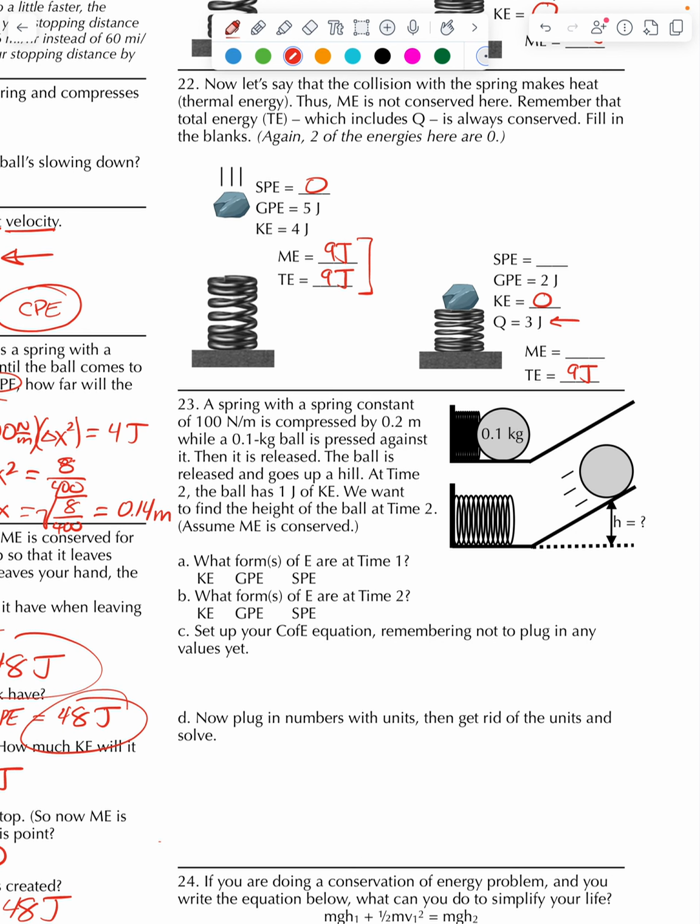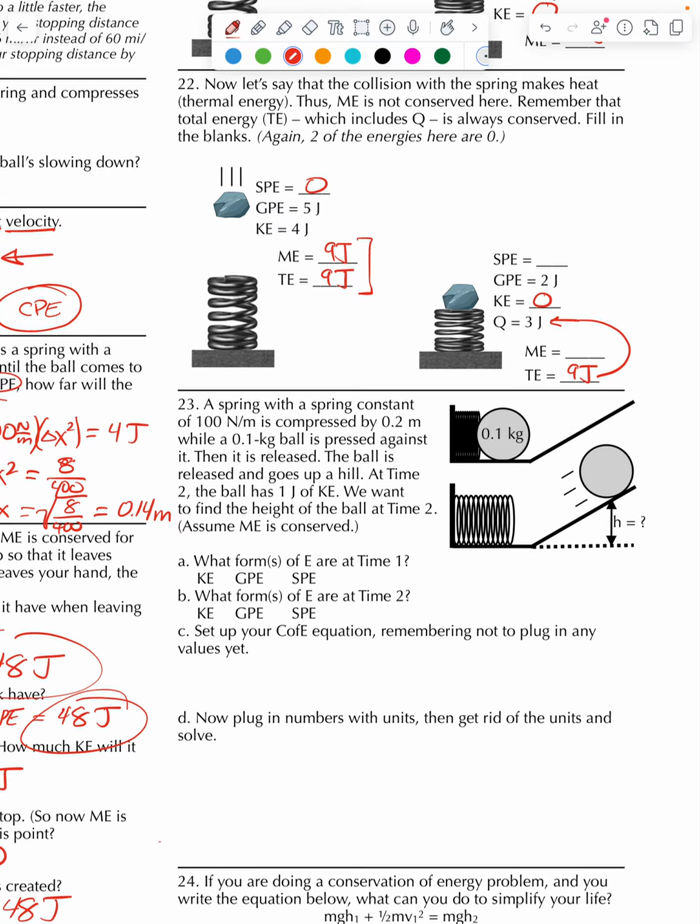So the mechanical energy is going to be the sum of the GPE and the KE and the SPE. But 3 of those 9, I'm going to point over here, 3 of those 9 joules are the heat. So how much is left over for mechanical energy? You can think of the total energy as the sum of mechanical energy and heat.